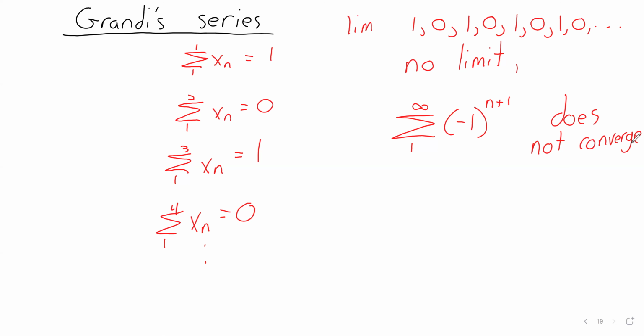And I mean, you can sort of see the logic. It's oscillating between 1 and 0. So they say, well, if it spends half its time at 1 and half its time at 0, we'll split the difference. But this is not what a modern day mathematician would think.